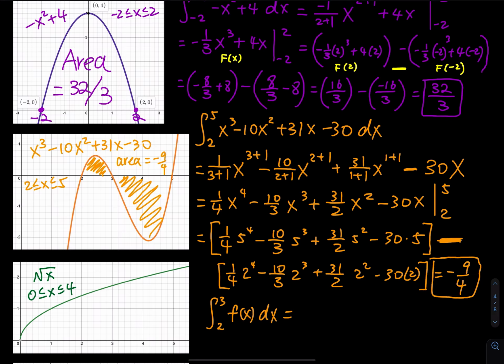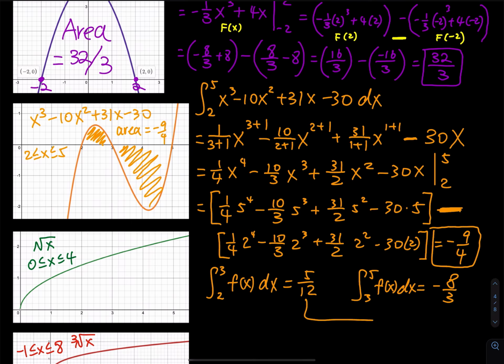That part gives you 5 over 12 if you did your math right. And then you can go again from 3 to 5, and then f of x dx. That piece gives you a negative 8 over 3. And then when you add them up, the sum is equal to negative 9 over 4.